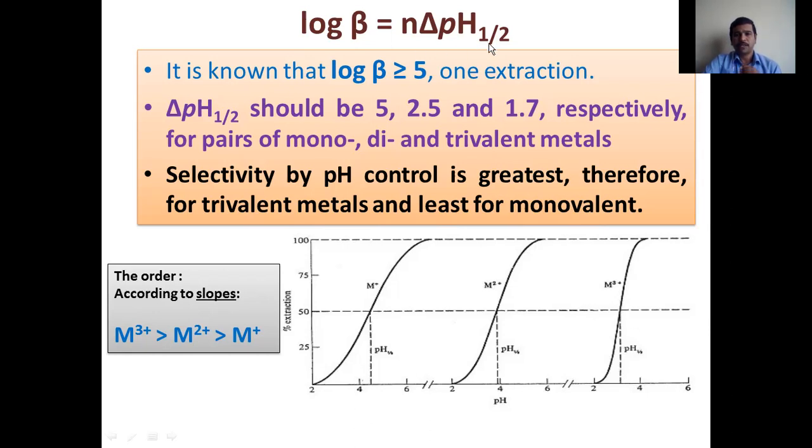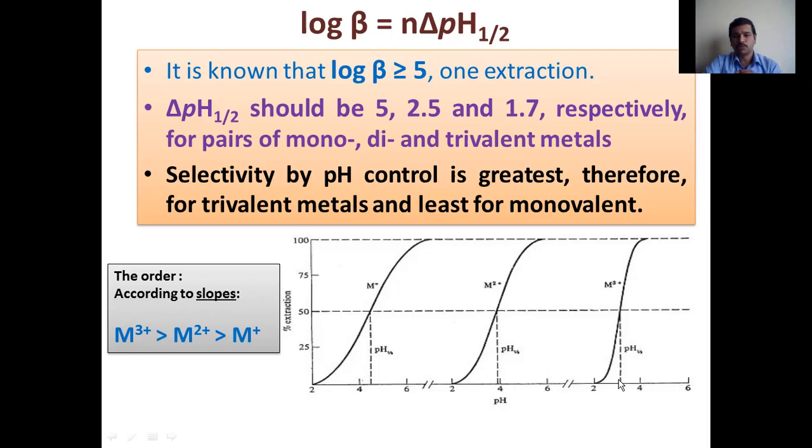The N into delta pH of value is only 1.7. The change in pH needed to extract that metal from the aqueous phase to the organic phase is only 1.7.